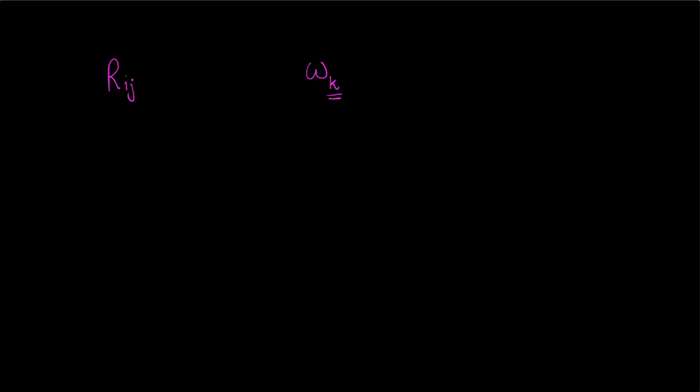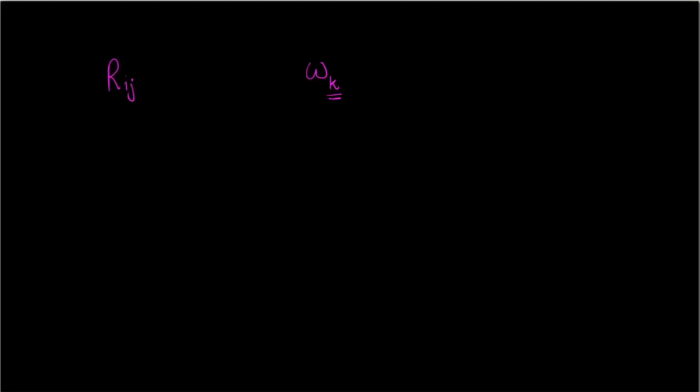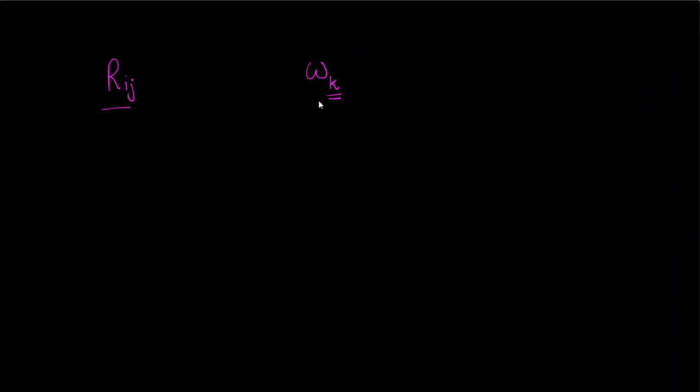Because we have just seen that R12 is in terms of omega 3, because R12 involves the planar velocities in the x and y direction, and the curl in that plane would necessarily give me the vorticity in the k direction, in the 3 direction. That is why I must somehow separate out the indices. I must have Rij separate from the index of k, and the only way to do this is through the alternating tensor, and the expression is minus epsilon ijk omega k.